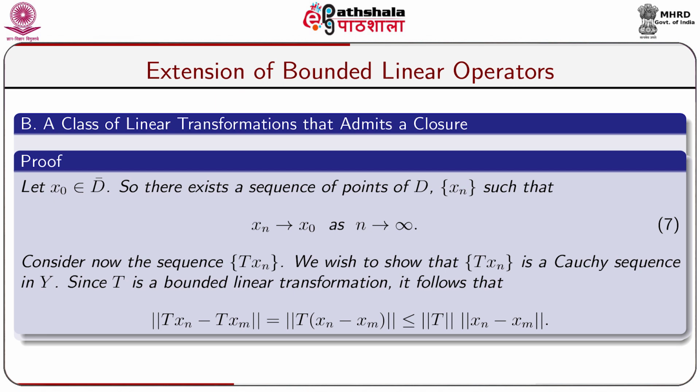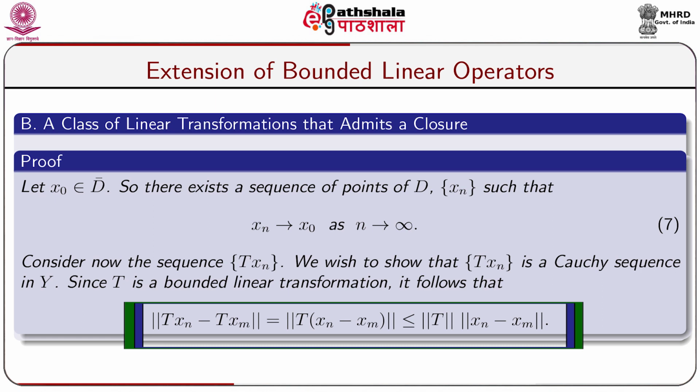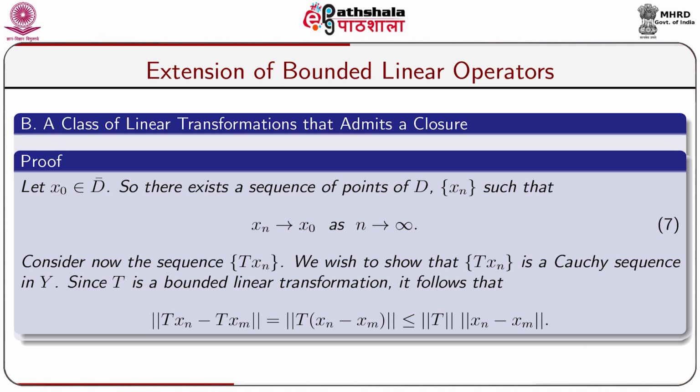Since T is a bounded linear transformation, it follows that norm Txn minus Txm is equal to norm T of xn minus xm, using the linearity of T. As T is bounded, norm T of xn minus xm is less than or equal to norm T into norm xn minus xm.